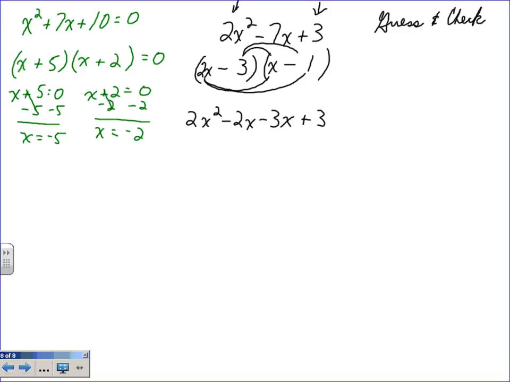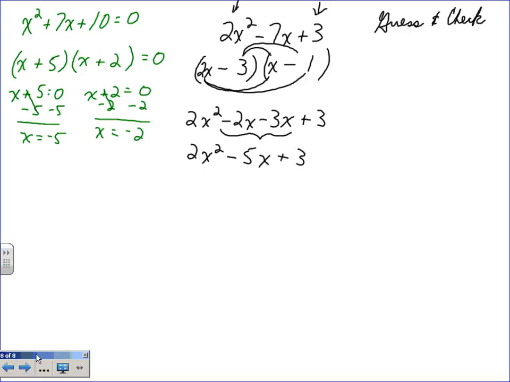So it looks like I have my 2x squared, and it looks like I have my 3. But if you look at the middle terms here, a negative 2x minus 3x is negative 5x plus 3. What have I done wrong? That's not the way you factor that. So, here's what you have to do.